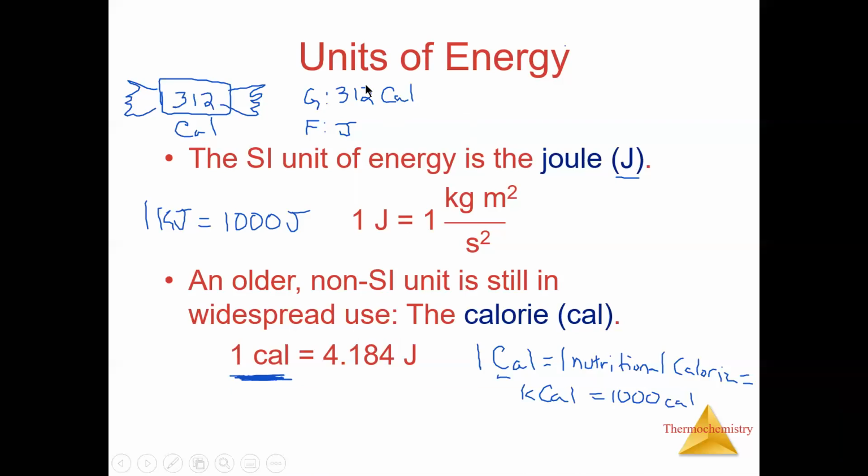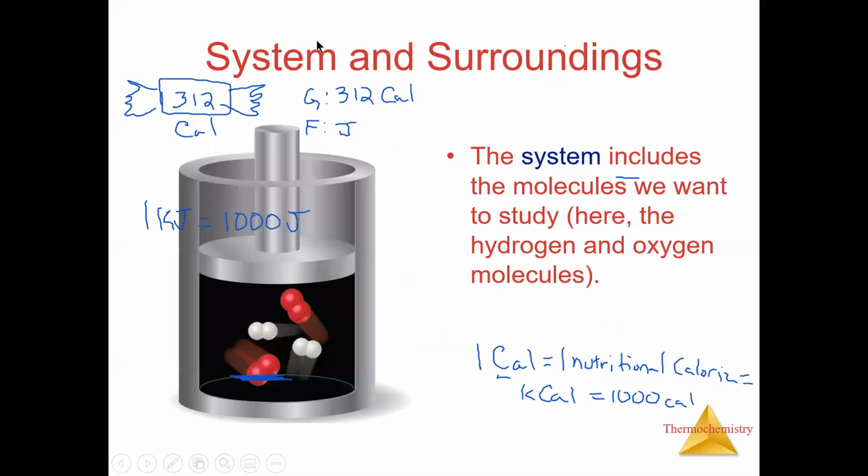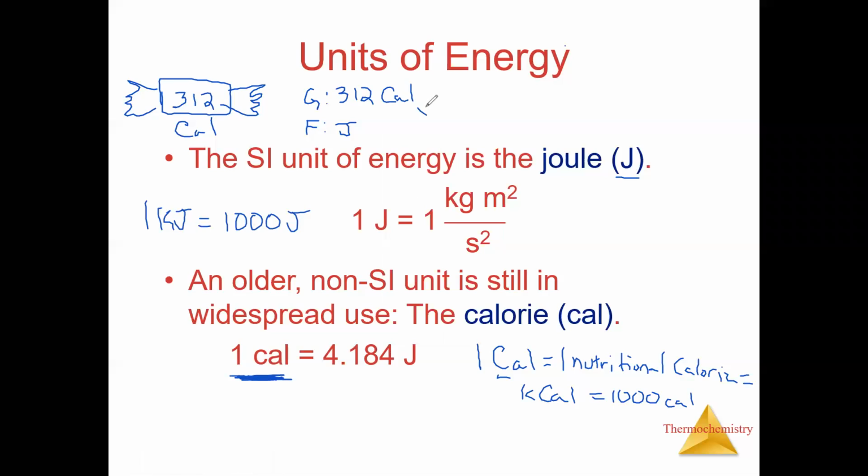So using dimensional analysis, the first thing I'm going to do is go from my big C calorie into my little c calorie, because my relationship with joule is with little c calorie, not with big C calorie. So I'm going to take my given information and convert it: for every 1 big C calorie, I get 1,000 of these little c calories.